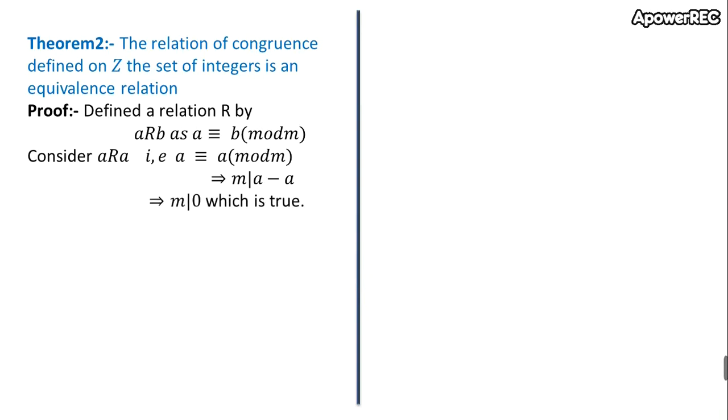That is m divides 0, which is obviously true because 0 can be divided by any number. Hence, our relation R is reflexive.